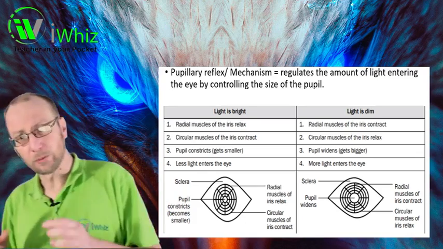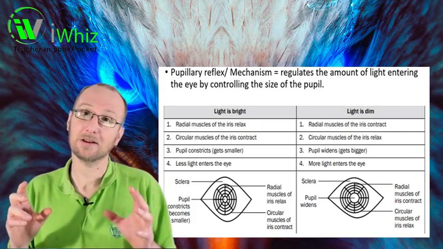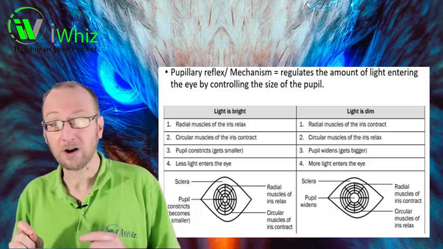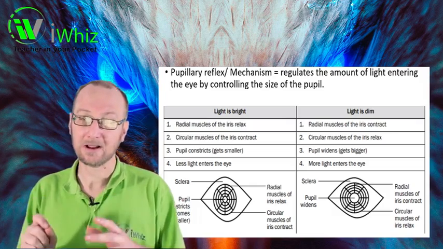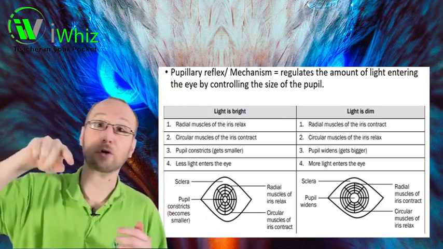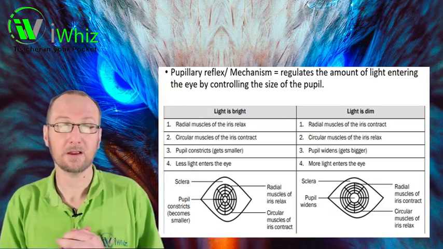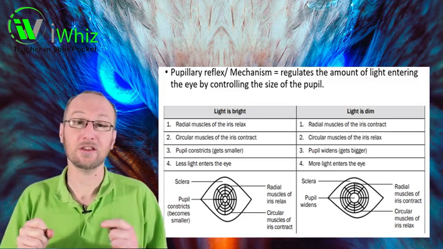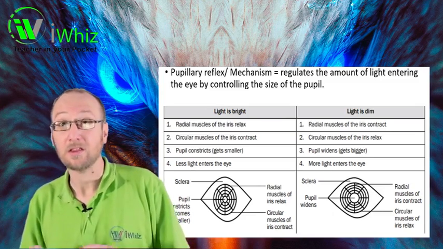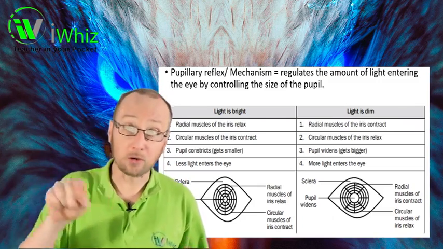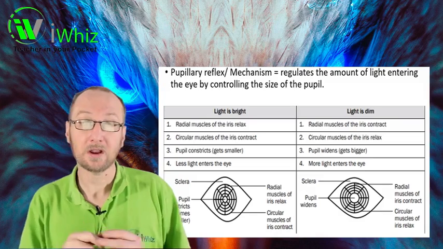So, how this works is that when light is bright, the radial muscles of the iris relax. The radial muscles are the muscles in the iris that go lengthwise. The circular muscles of the iris then contract. The circular muscles are the muscles that go in a circle around the iris.